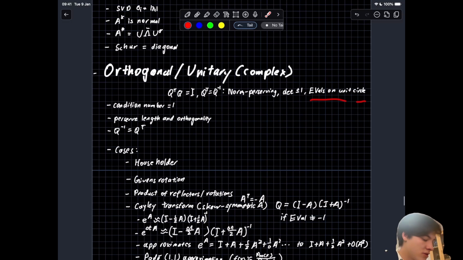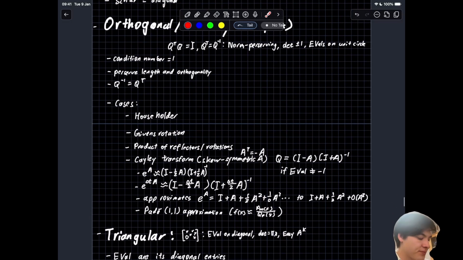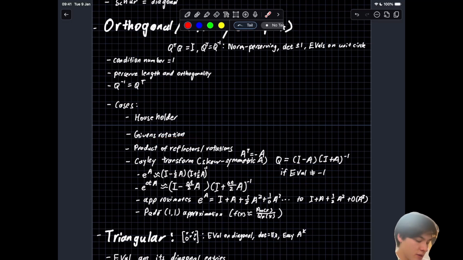Eigenvalues are on the unit circle. The condition number is 1. So yeah, it preserves length and orthogonality. So we saw the cases are Householder matrices, Givens rotation, or orthogonal products of reflectors or rotations.